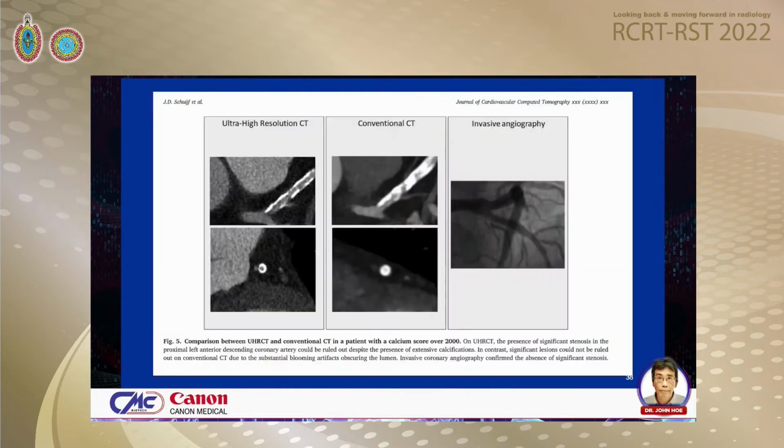So for example, this is a paper that was published or in press at the moment, and you can see the difference. This is a patient with calcified plaque, and with the high resolution CT, you can see the lumen, and this was reported as showing no significant stenosis in the proximal LAD, and you can see the cath result correlating with it.